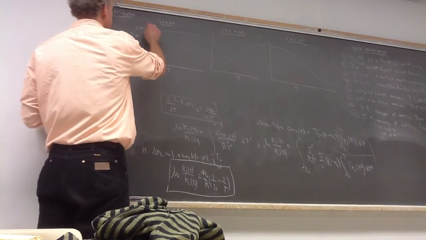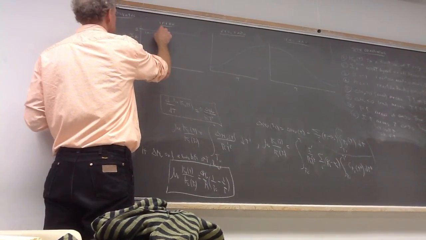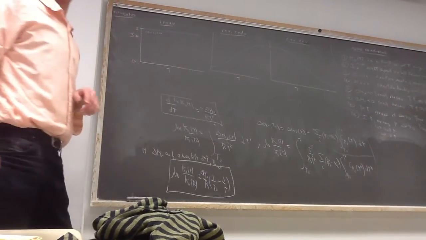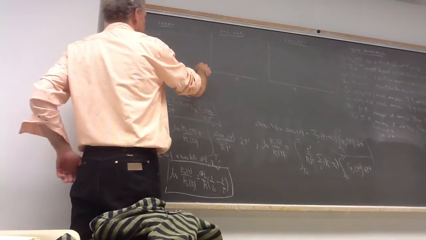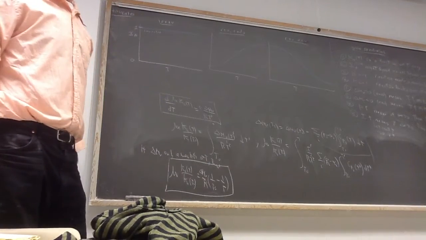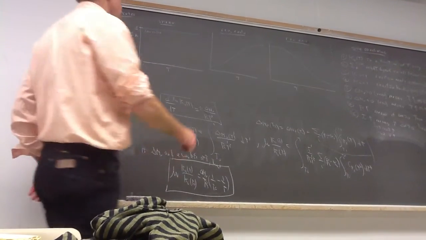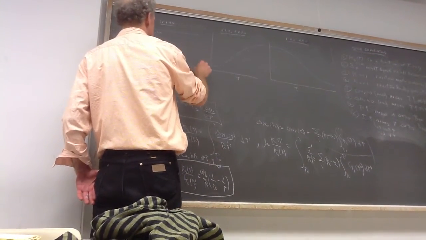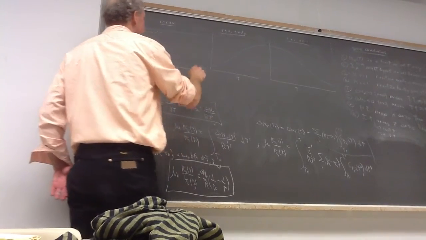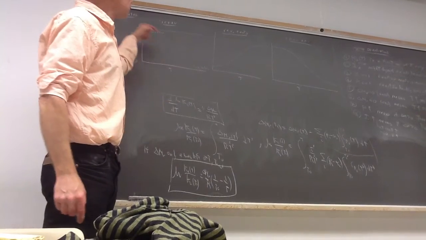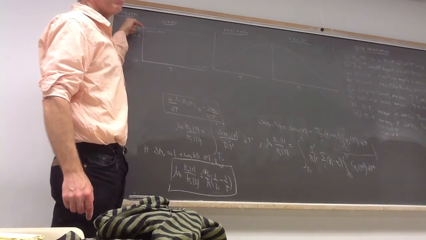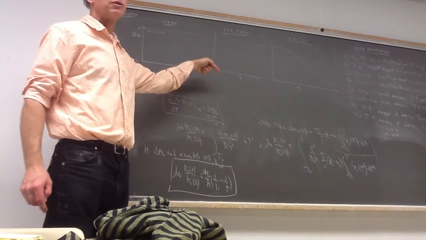So we expect up here to have low rates because XA is high. However, at low XA and high temperature, we expect to have high rates. So these are the highest rates, high temperature, low XA, the lowest rates. So you can imagine the curves, if I'm going from low rates to high rates, go in this direction.